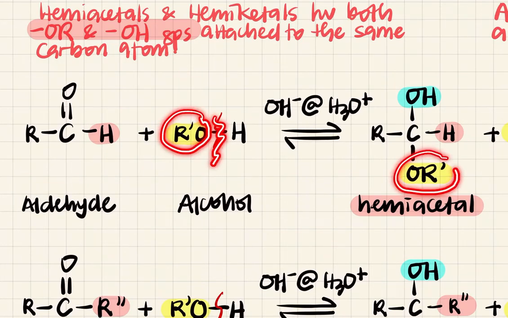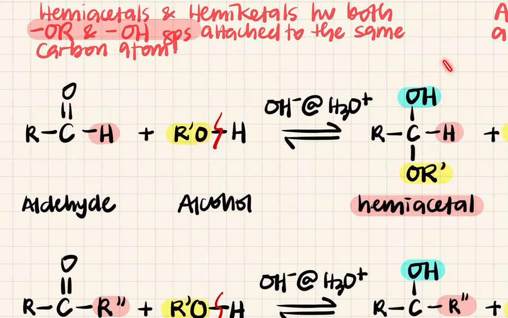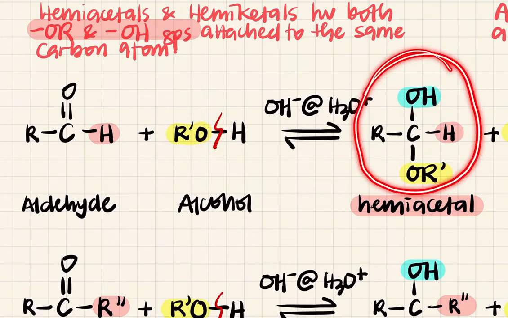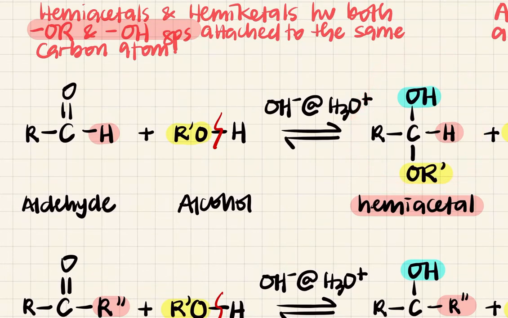So now we have OR. Yang ni maksudnya dia attack hydrogen lah tu, dapatlah OH. So this general structure is a hemiacetal. Dia panggil hemiacetal because dia ada satu OR group. Kalau acetal awak ada dua OR group.